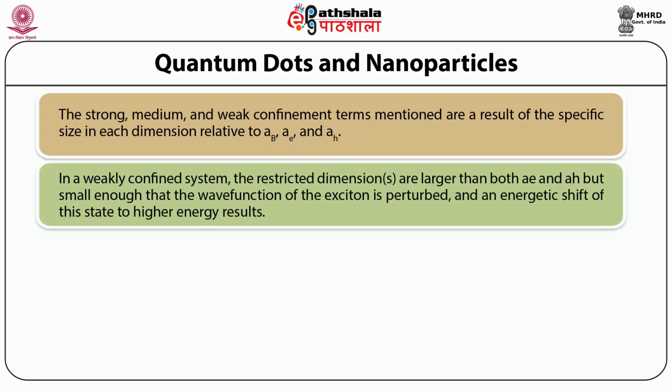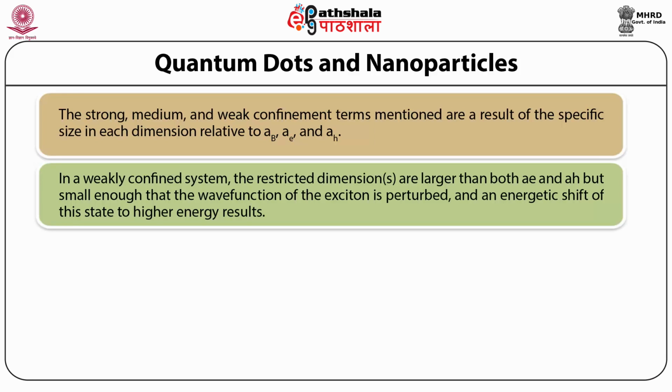In a weakly confined system, the restricted dimensions are larger than both Ae and Ah but small enough that the wave function of the exciton is perturbed and an energetic shift of this state to higher energy results.